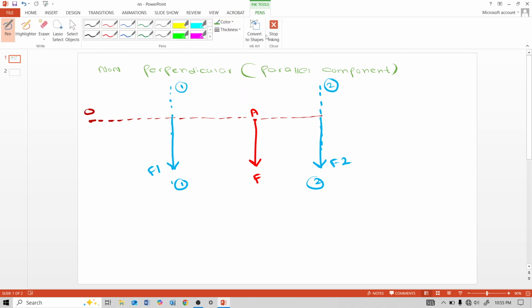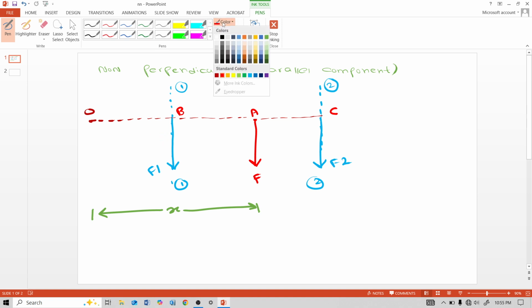Next, we will consider this distance OA as x. Consider this point as B and this point as C. So the OB distance we will consider as x1, and the OC distance we will consider as x2.